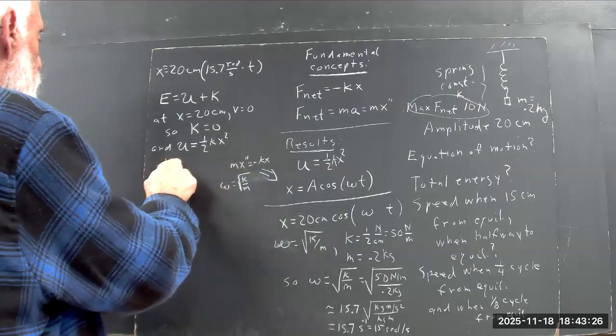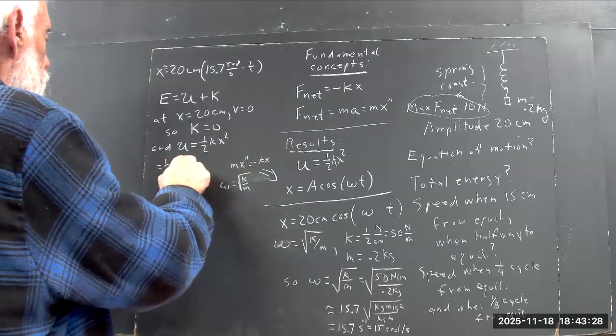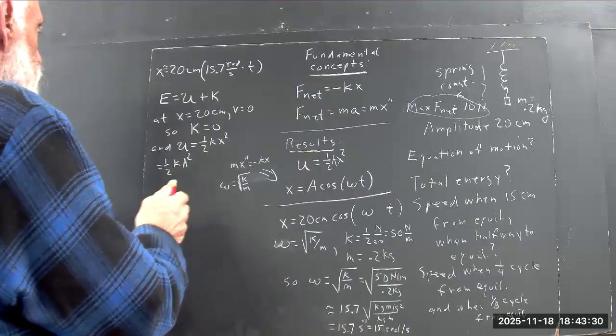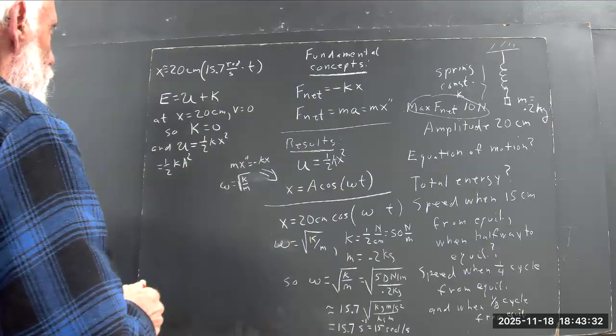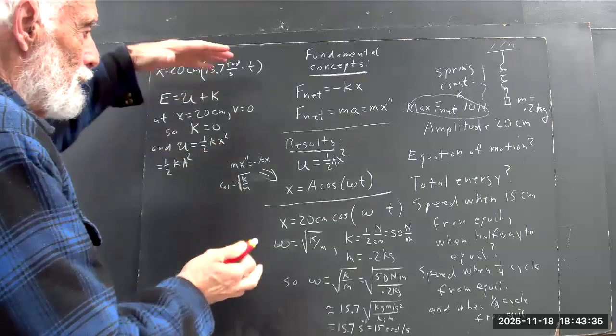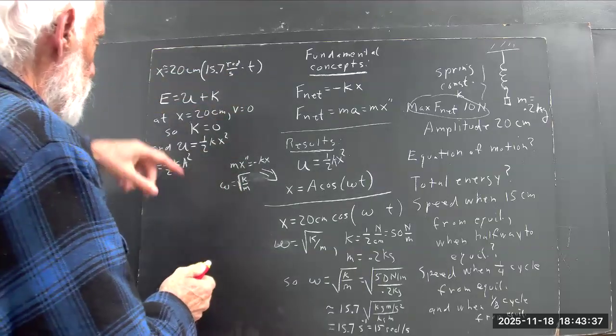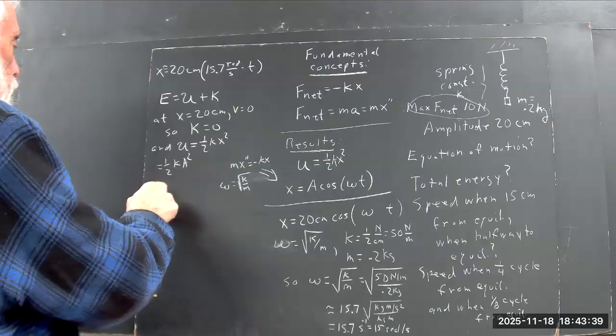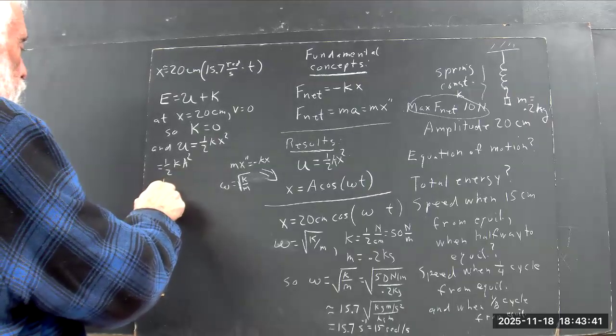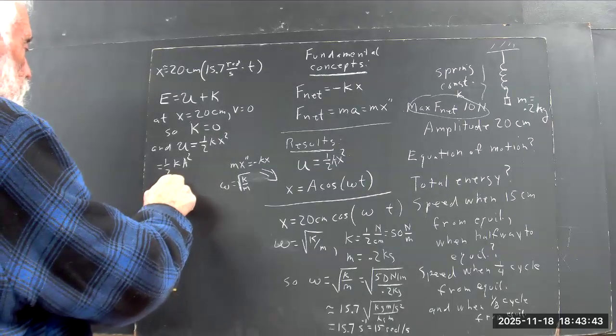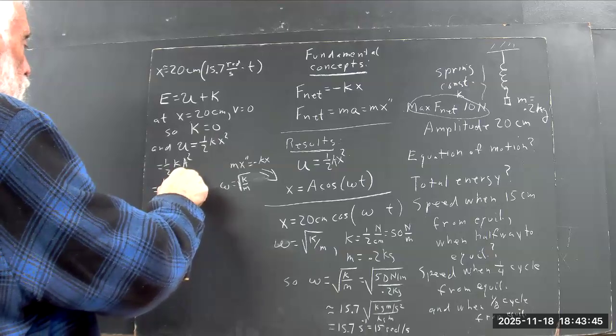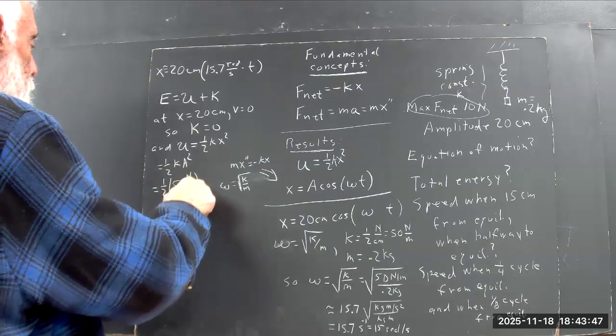which equals 1/2 ka squared at x equals 20 centimeters. Well, 20 centimeters is your amplitude. That's the maximum possible value of x. So this is 1/2 of 50 newtons per meter.